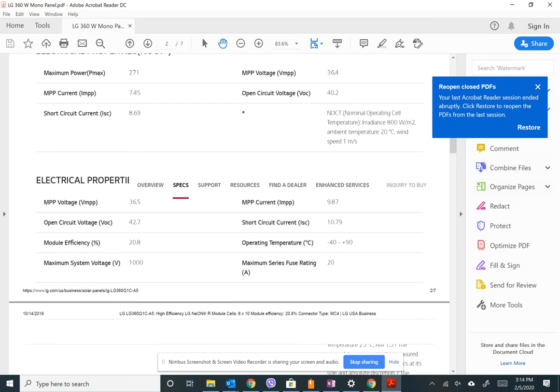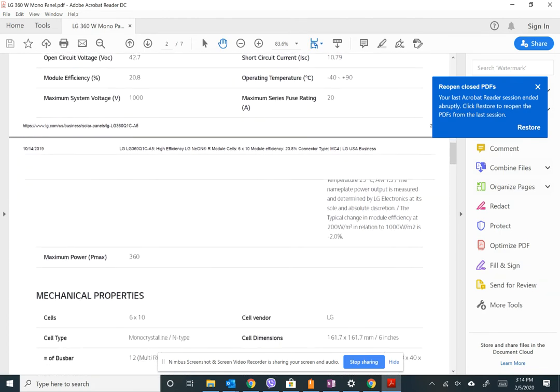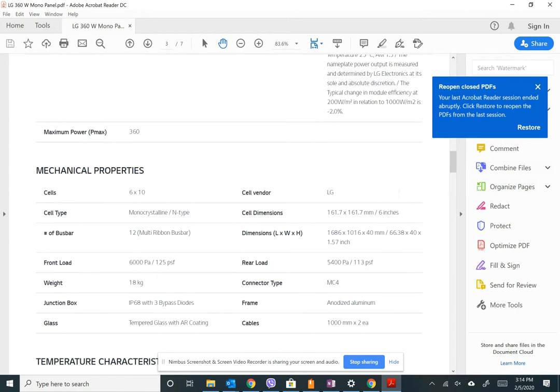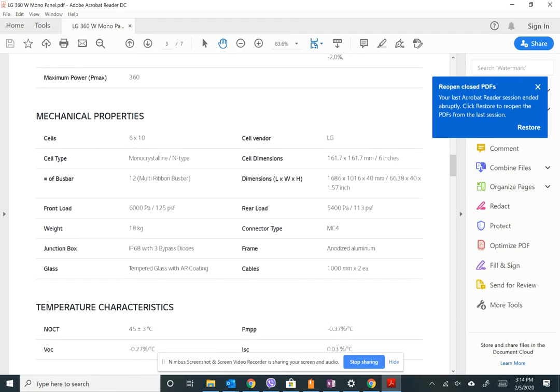measurements here. Yeah, there we go. Right where it says cell dimensions under mechanical properties. So you have 161.7 millimeters by 161.7 millimeters. So it's a square cell.